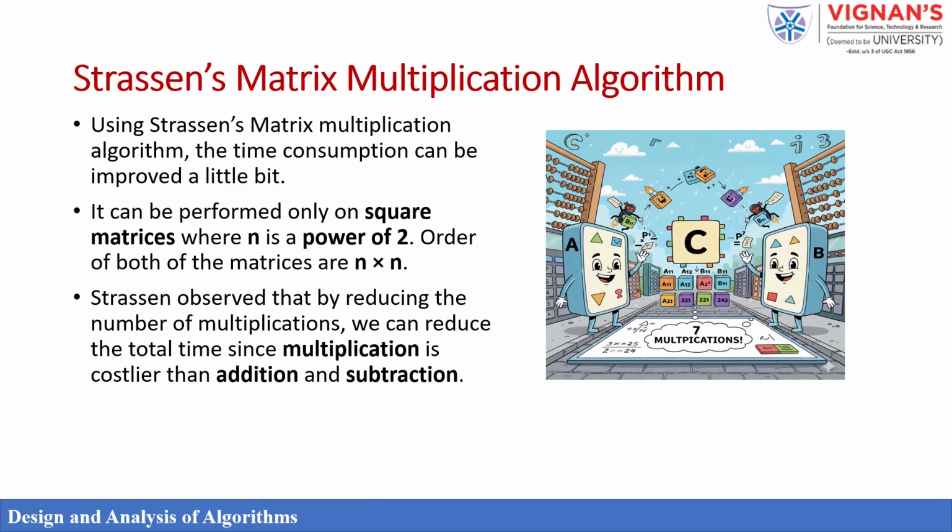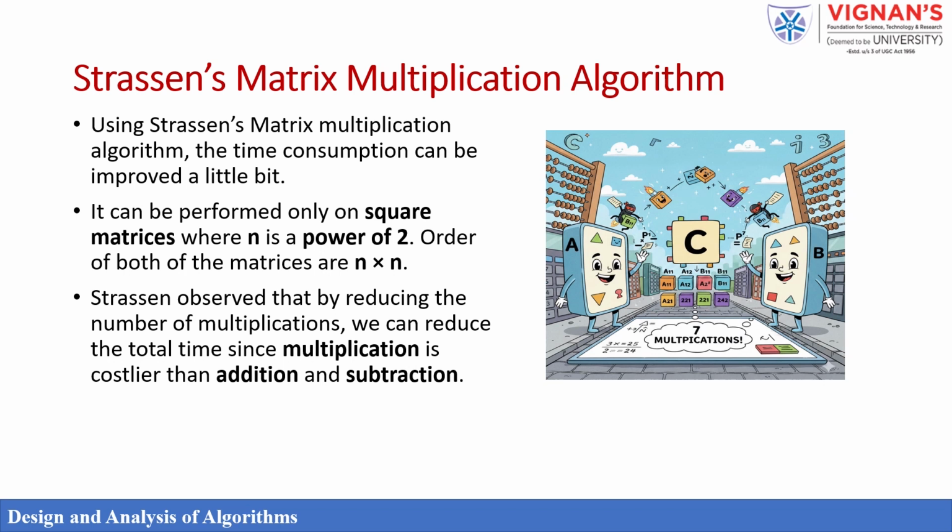The key observation made by Strassen was that multiplication operations are computationally more expensive than addition and subtraction operations. Therefore, by reducing the number of multiplications and increasing the number of additions and subtractions, the total computation time can be reduced. This optimization makes Strassen's algorithm an important example of how algorithmic design techniques like divide and conquer can significantly improve efficiency.